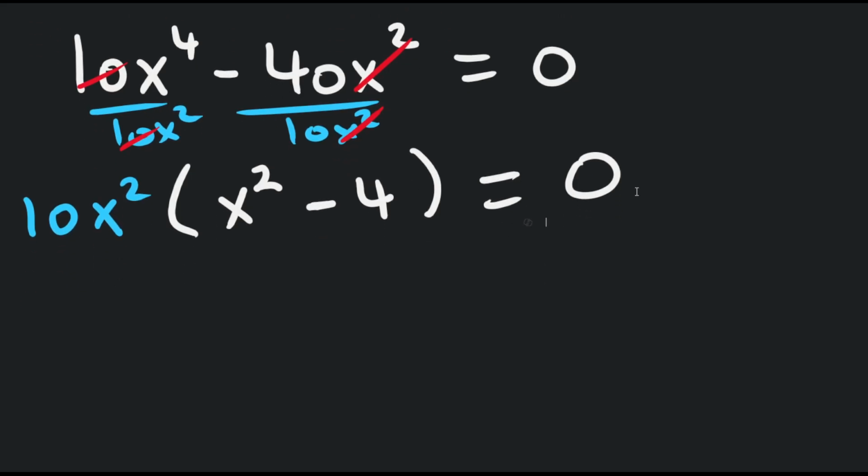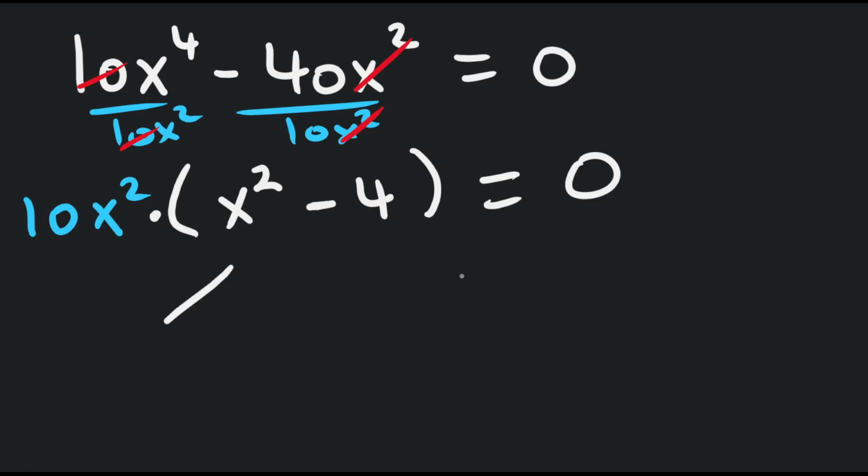Great. Now that we have it in factored form, because we're multiplying two terms and they equal 0, we're multiplying a 10x squared by a binomial, and we're getting 0.